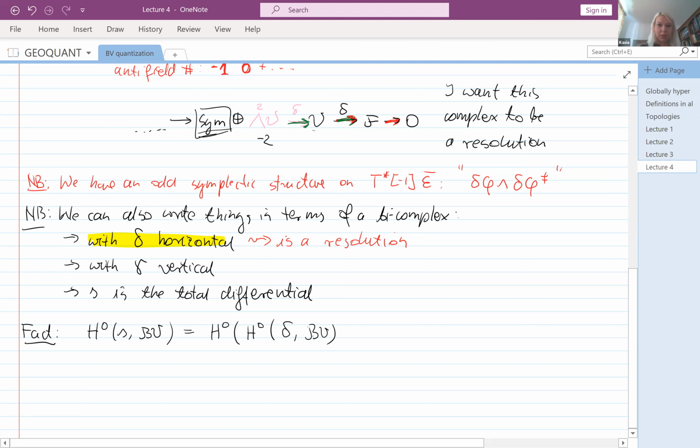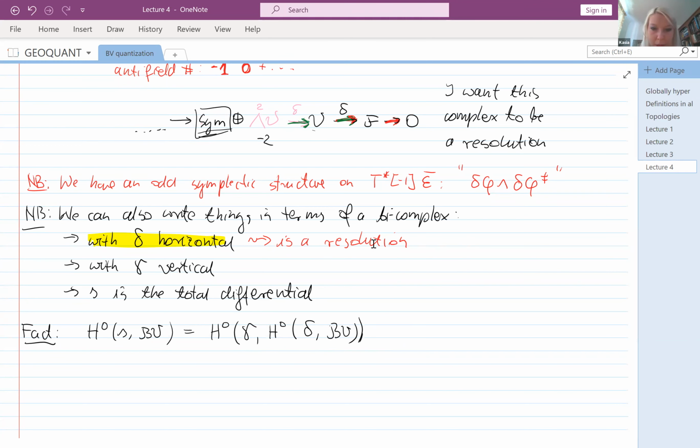This is a resolution. So if I do my spectral sequences game, then there's just, well, this contribution. So I take H0 of delta first, and then I take H0 of gamma. So this way of describing the cohomology of S in terms of that of gamma and of delta is something which is specific to the situation where delta is a resolution.